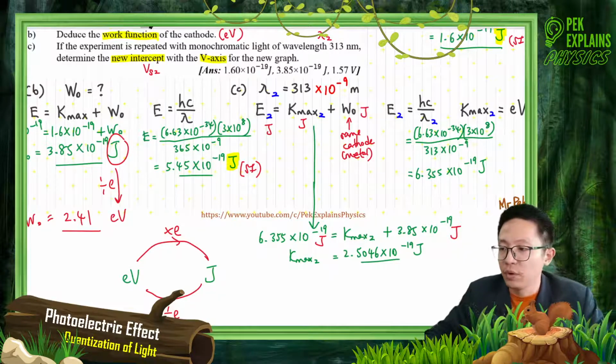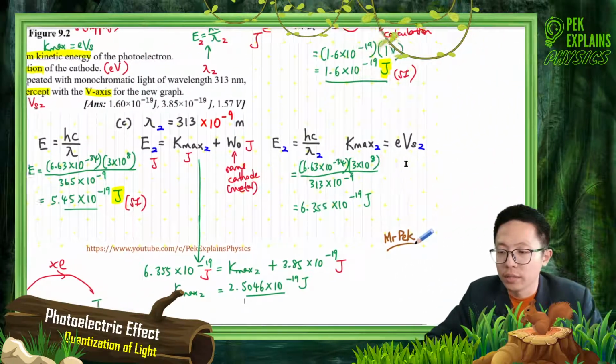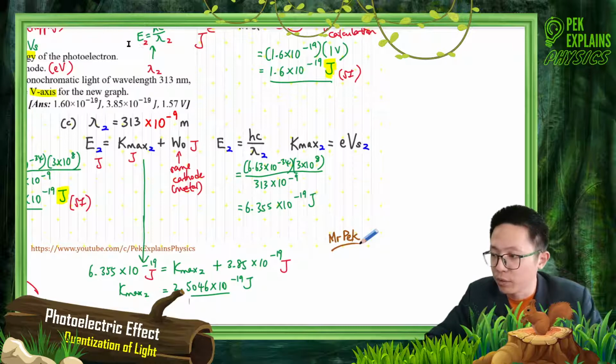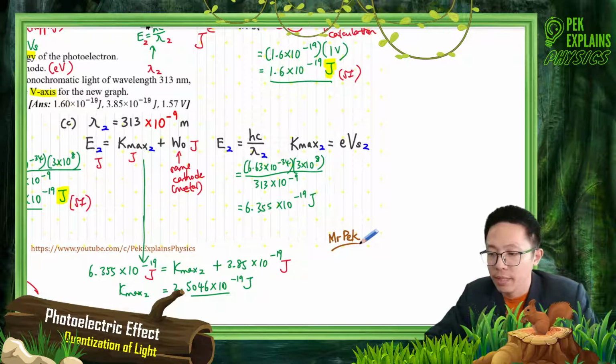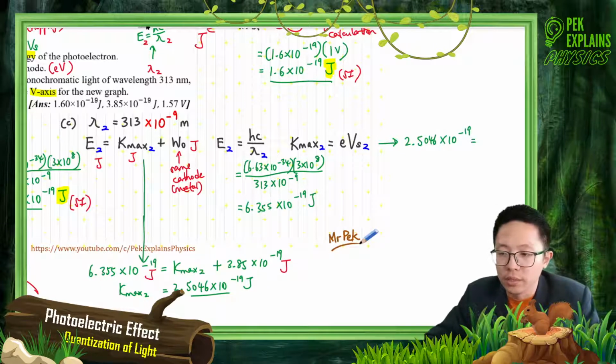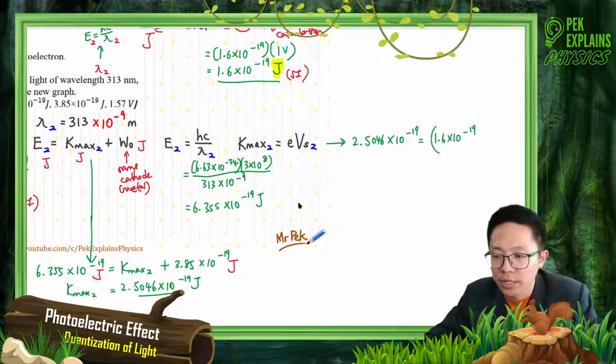But the question asks for the stopping voltage. Stopping voltage is related to the Kmax, so we can use Kmax equal to eVs. So 2.5046 exponent negative 19 equals e, the electron charge, 1.6 exponent negative 19, multiplied by the stopping voltage.